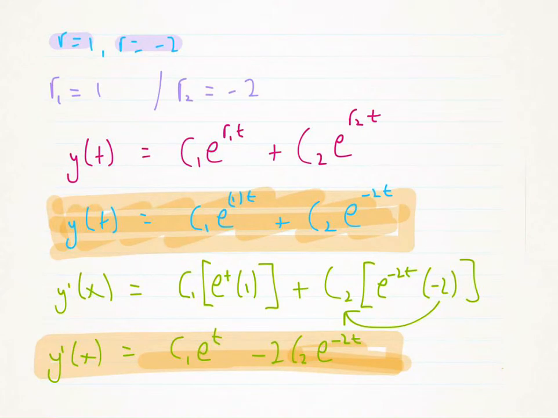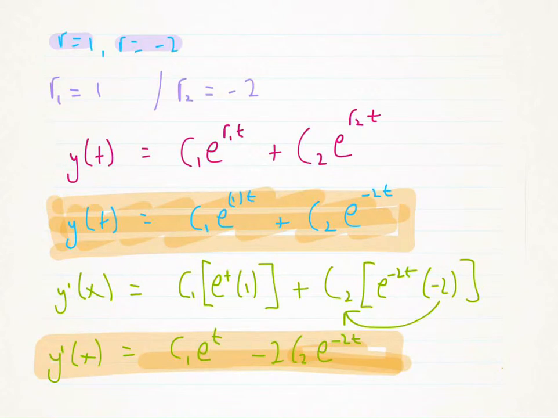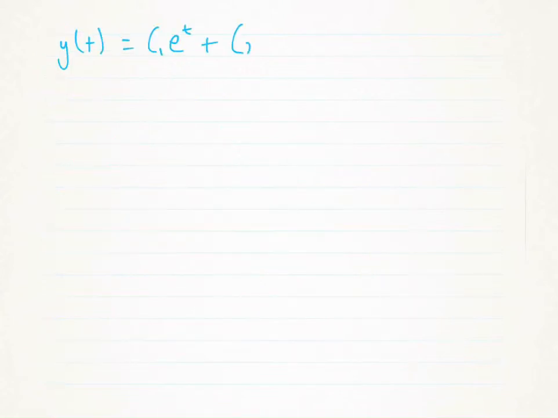y of t is equal to c1 e to the power of t plus c2 e to the power of minus 2t.